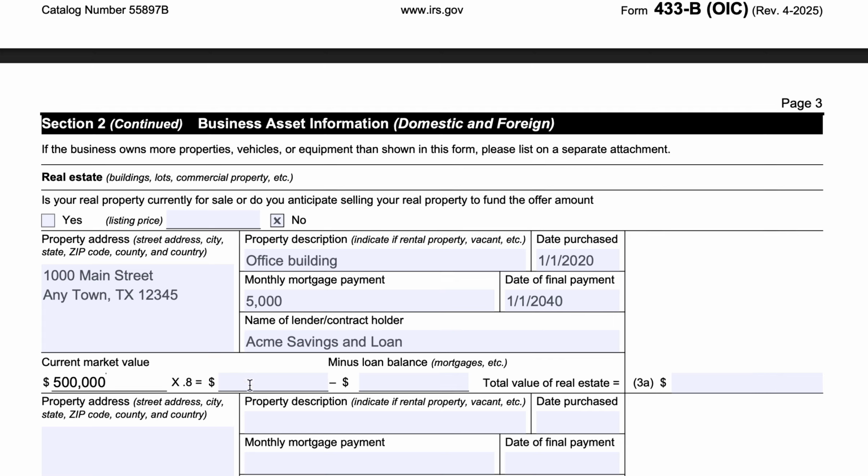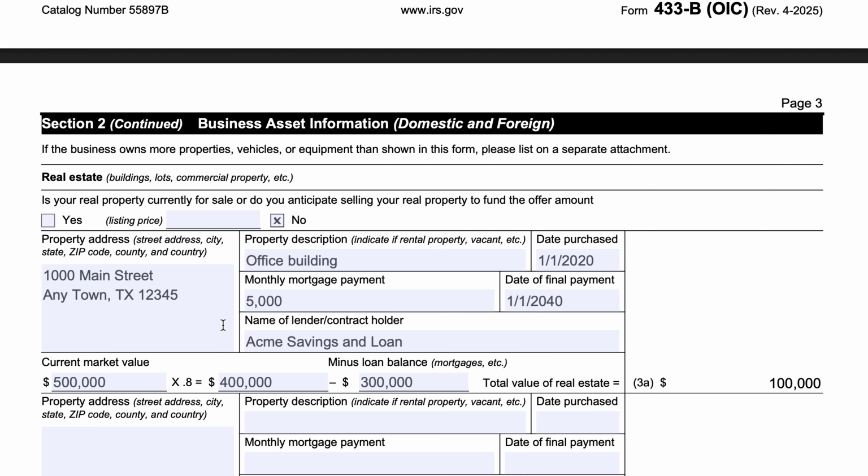We multiply that by 0.8. We've got $400,000 current market value. We've got a loan balance of $300,000, which means the total asset value of this real estate is $100,000. That's what the IRS would expect to reasonably get if they seized the property and the turnaround had sold it and paid off the note.